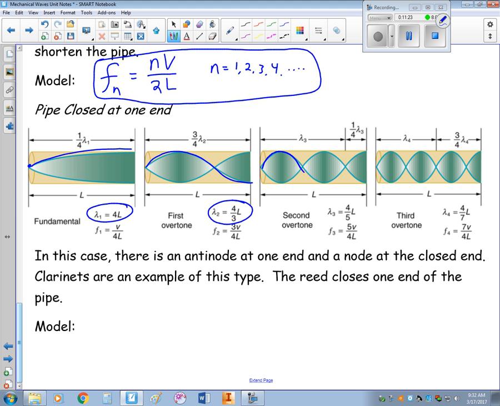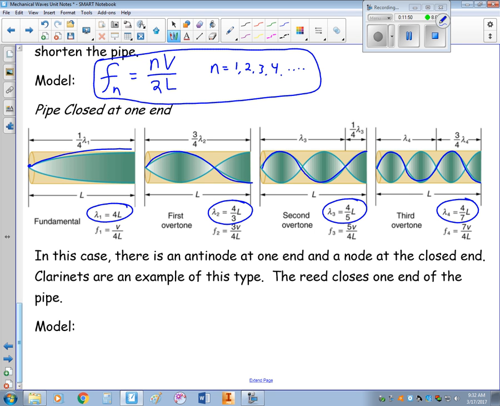For this one, notice I have 1 1/4 wavelengths. So I would have to have 4/5 of the pipe to have a complete wavelength. And then the next one, here's 1 1/2. Well, it's not really 1 1/2, it's basically I'd have to have 4/7 of that pipe to have that.